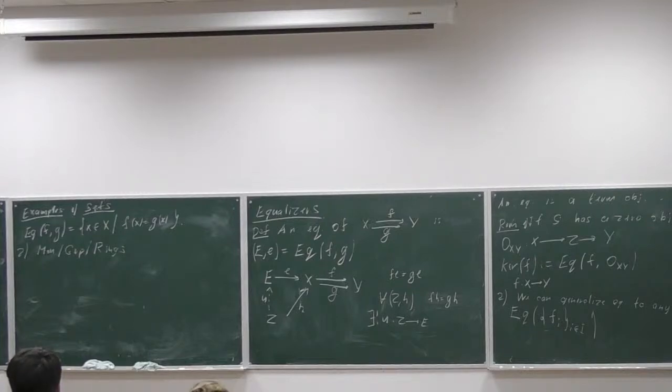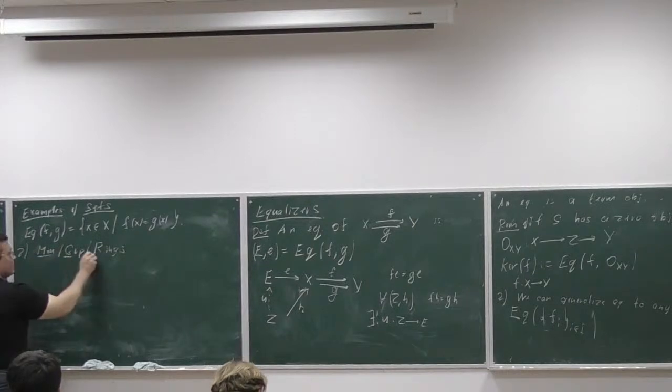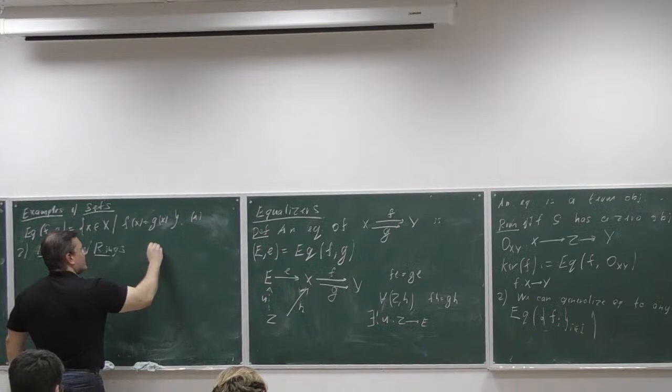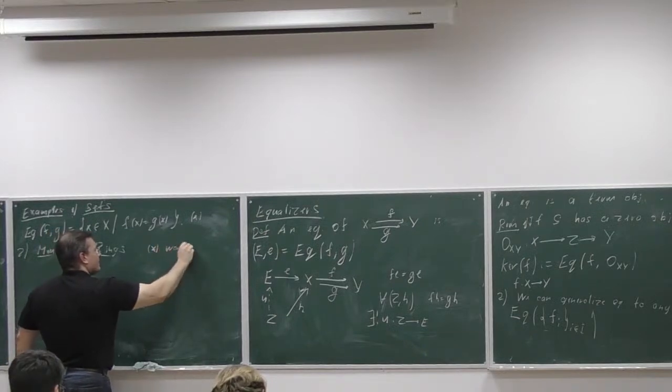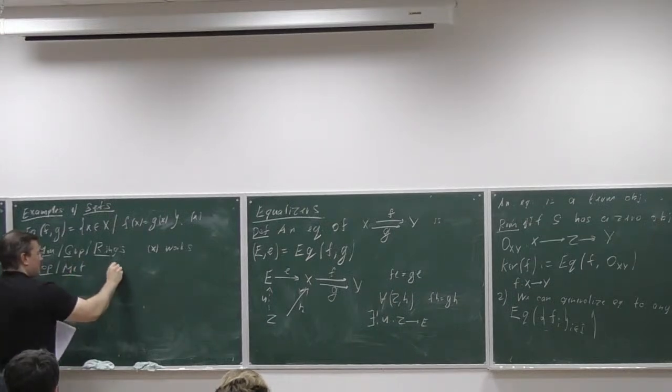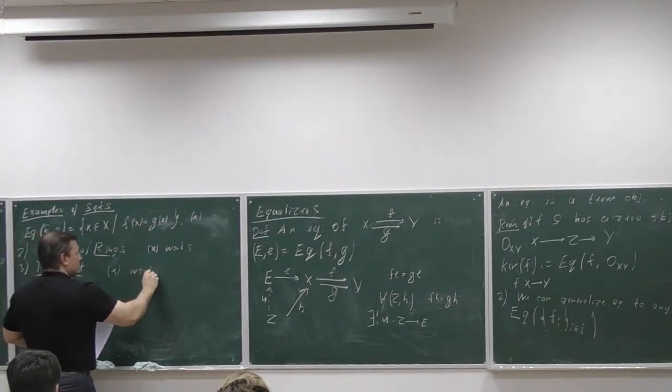If you have something called rings, so these categories, say this is star, works. In the topological categories, also there are no problems. Again, everything works.